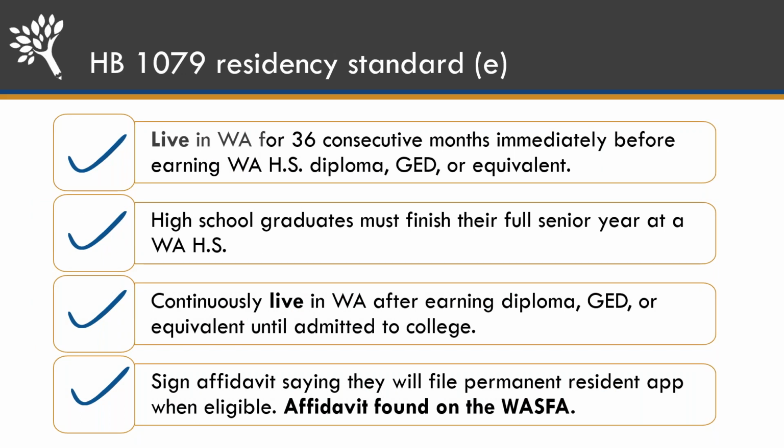So if they've said yes to this, they've met the standard. Now, conflicting information might include something like you see in their admissions materials that they attended a high school outside of Washington. I'll give you an example. A few years back, we had a student who graduated from a Washington high school, but when the institution looked at their admissions information, they saw that the student actually attended a high school in Egypt for a year.